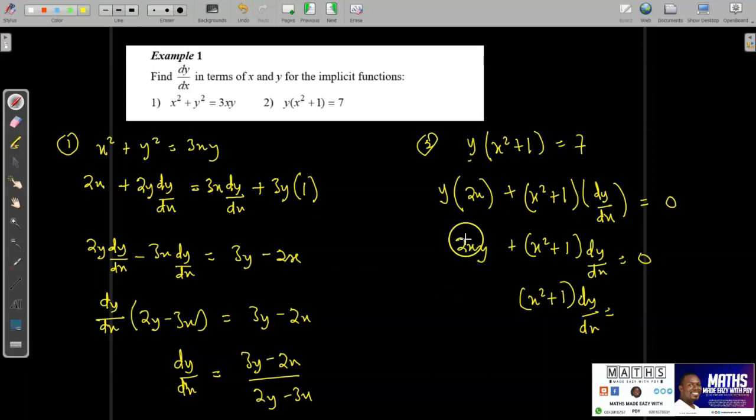When you transpose 2xy, what will you obtain? Negative 2xy. Then at this point, divide through by x squared plus 1, and therefore dy dx will be equal to negative 2xy all on x squared plus 1. And therefore, you have successfully differentiated the function.